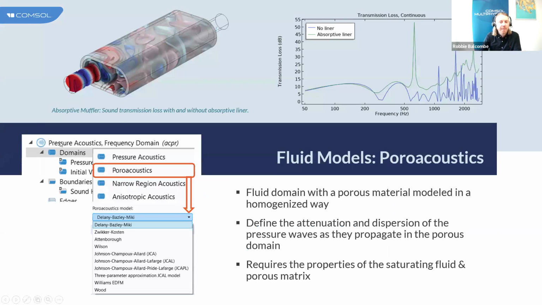So we have the pressure acoustics node, and then we can add a poroacoustic material as a material type within that node. And we can select from a set of different empirical poroacoustic models that we can assign to the model.